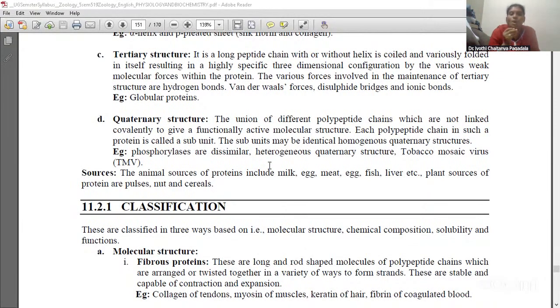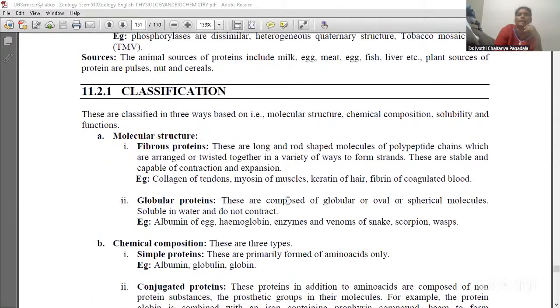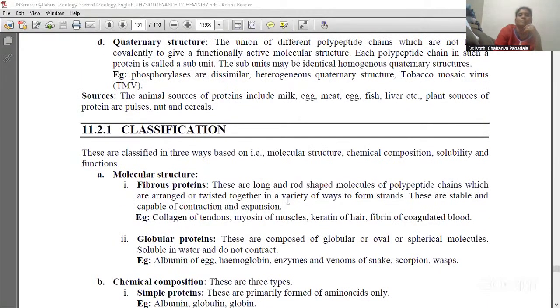These are long and rod-shaped molecules of polypeptide chains, which are twisted together in a variety of ways to form strands. These proteins are stable and capable of contraction and expansion.